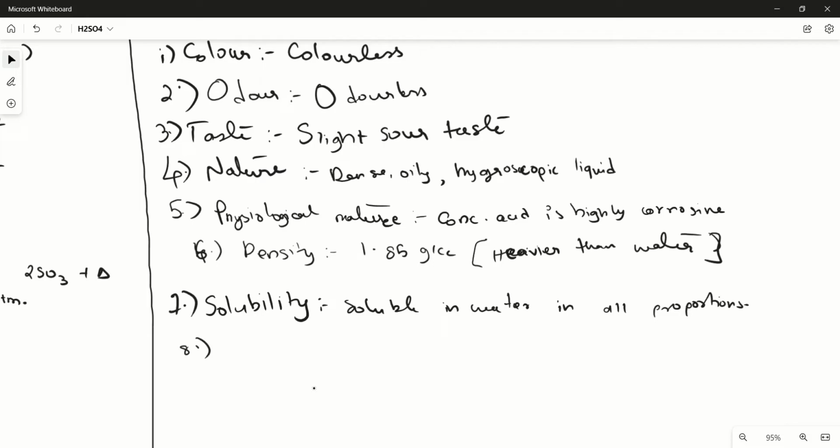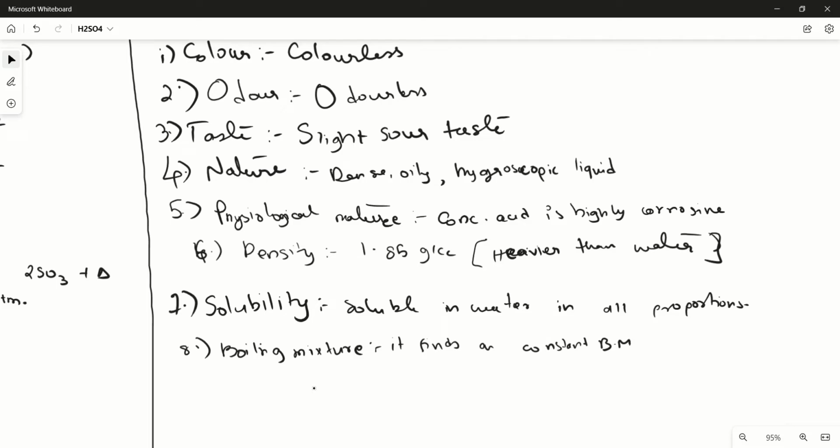After solubility, we have boiling. It forms a constant boiling mixture, boiling at 338 degrees Celsius. I'll just write BM.